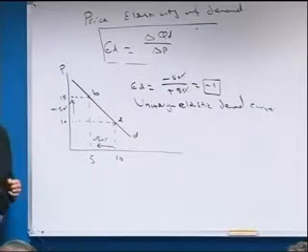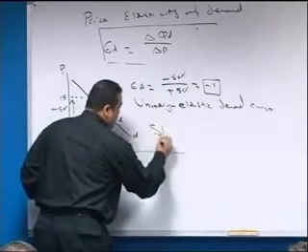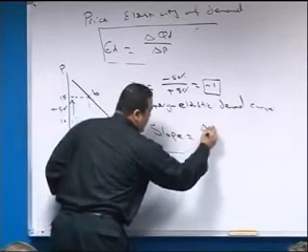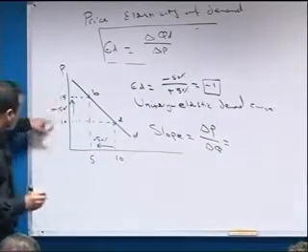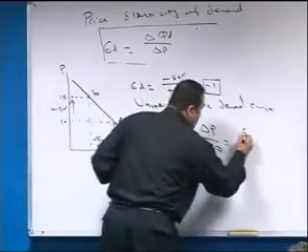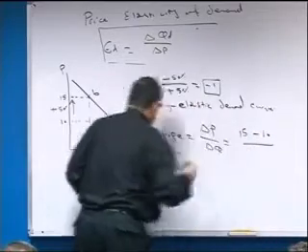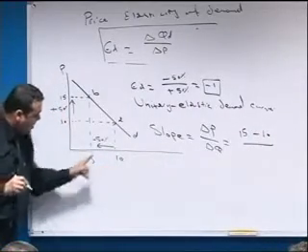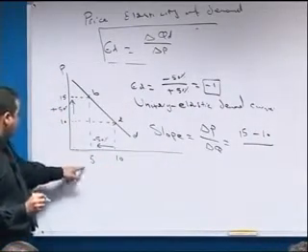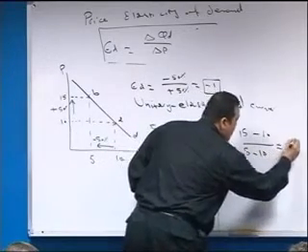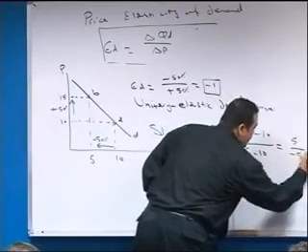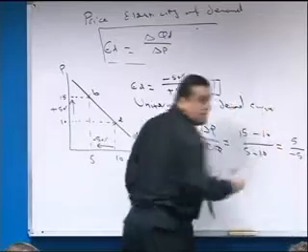What about the slope? Slope equals delta P over delta Q equals P2 minus P1, 15 minus 10, over 5 minus 10, equals 5 over minus 5 equals minus 1.